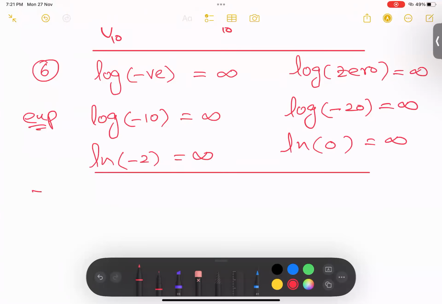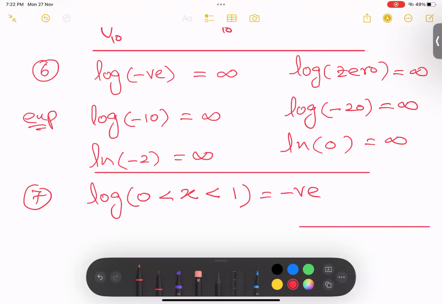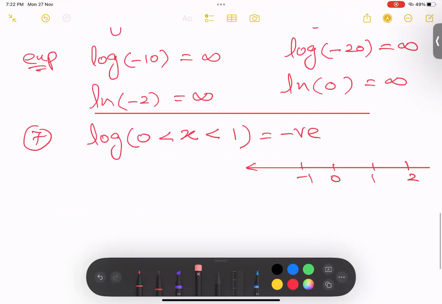Now I'm going to property number 7. Logarithm has a very interesting property: for numbers less than 1 and bigger than 0, I will show on a number line, the answer is always negative. I'll show you the idea in a diagram. So this is 2, this is 1, this is 0, this is -1.